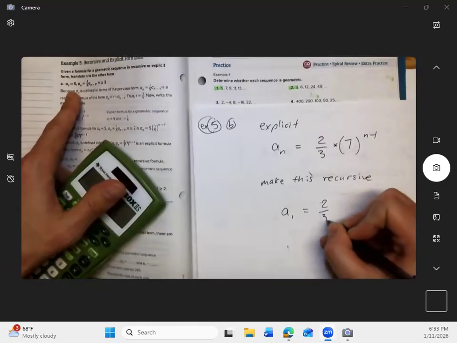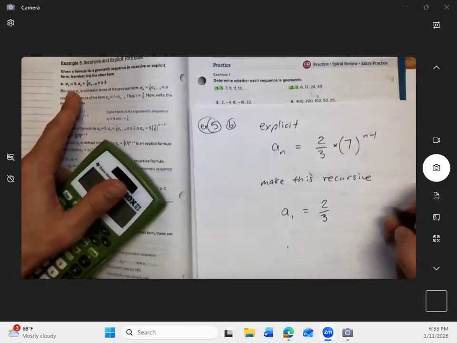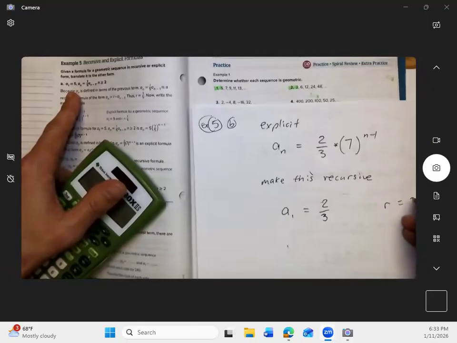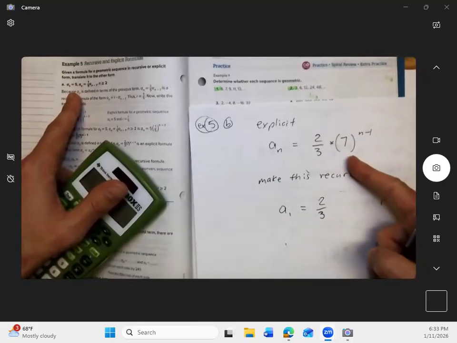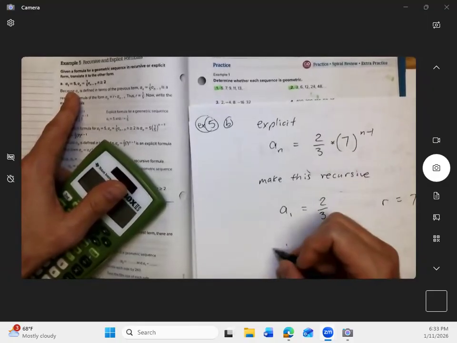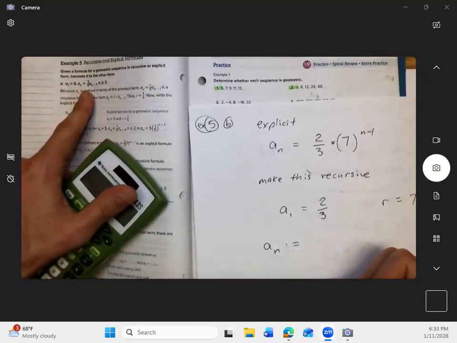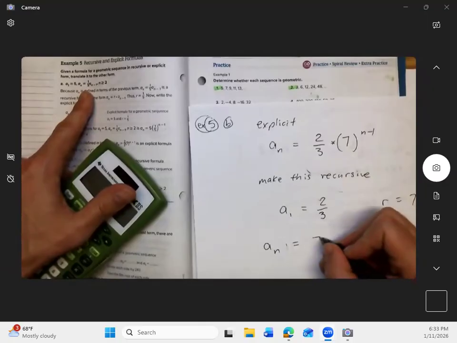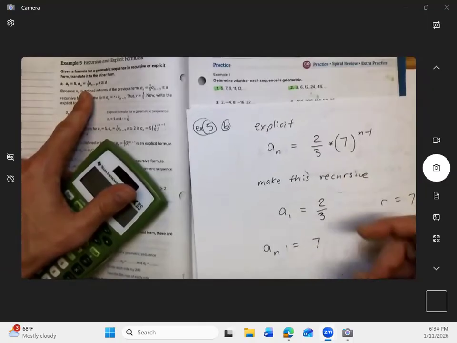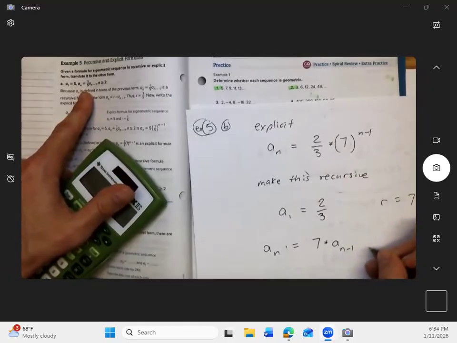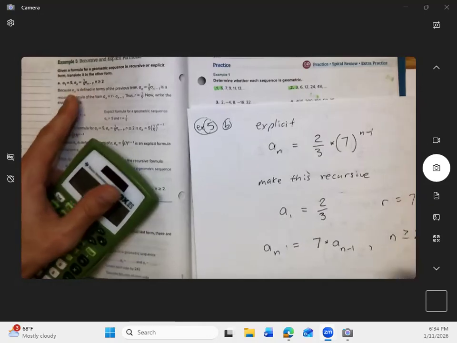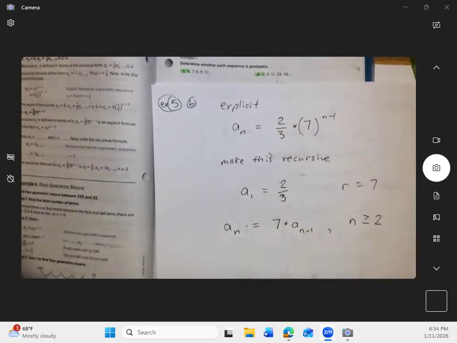So that's 2/3. Okay. I know the common ratio has to be 7. Looks like we keep multiplying by 7. And so the nth term would be 7 times the previous term, 7 times a_(n-1), comma, n is greater than or equal to 2, because you have to get to the second term before all this kicks in.